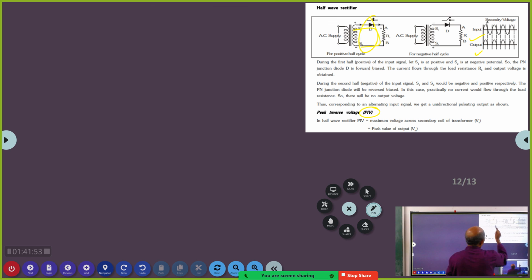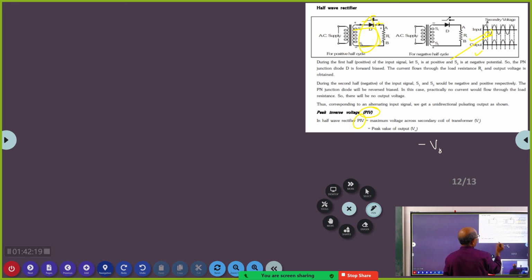But during the negative cycle, this diode has to block the voltage. That means the negative voltage will come across the diode. The reverse bias voltage will come across the diode. Correct? And this is called peak inverse voltage. So during the reverse bias, which voltage? This voltage, this point, minus V0.